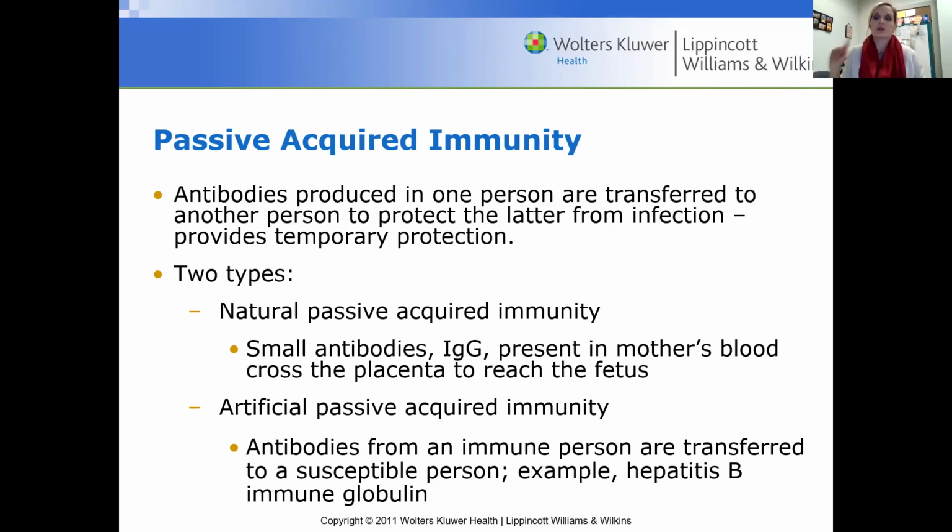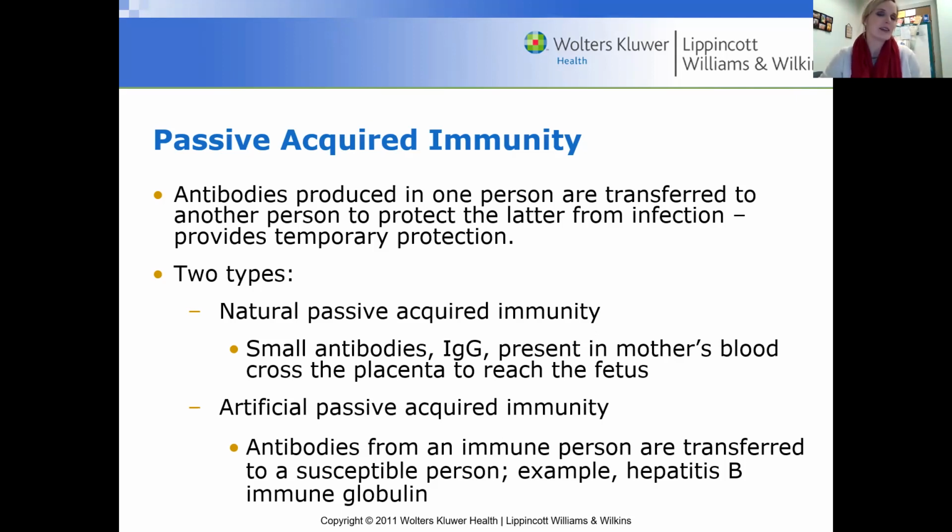Remember the difference: natural active is probably getting the illness itself. Artificial active is through a vaccine. Passive means we have to be passed on the antibodies. Natural passive is through mother and baby, whether through the placenta to the fetus in the womb or through breastfeeding. And artificial passive is antibodies being passed on through a serum of some sort.